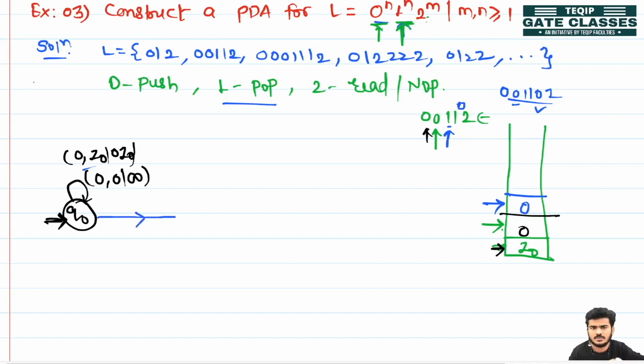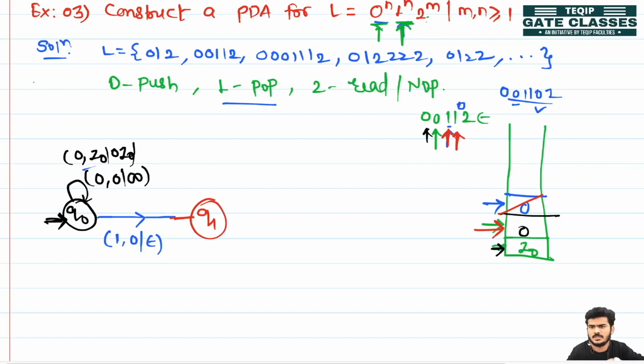So I am moving to the next state, and here 1 occurred and the top of the stack is 0, so I will do the popping. For this 1, I have changed the state into Q1. I went to Q1 and this 0 is eliminated for this 1, and my top of the stack becomes 0. I have moved to the next input.